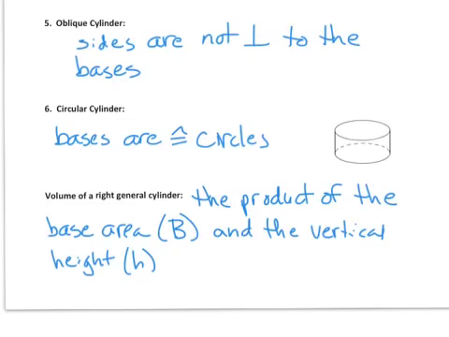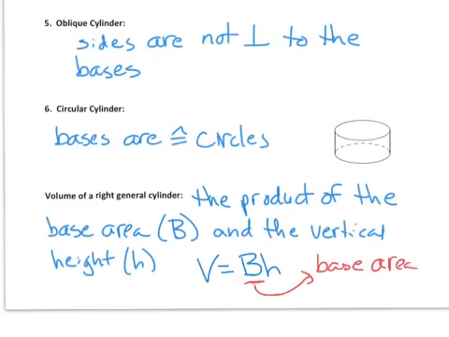The general formula for volume is going to be capital B times H. You have to remember that capital B stands for base area. It is not a linear dimension. It is an area dimension because volume is a cubic dimension. So this dimension is squared, the height is linear, and that's how you get the volume.